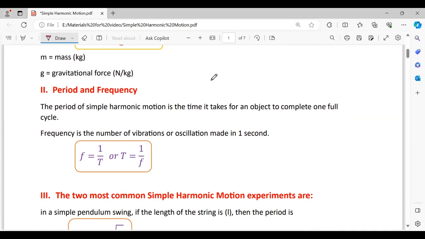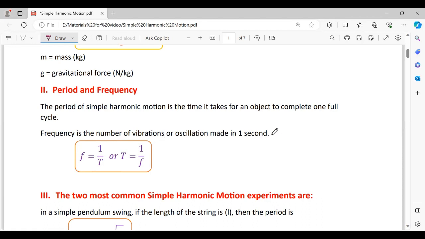Two, period and frequency. The period of a simple harmonic motion is the time it takes for an object to complete one full cycle. Frequency is the number of vibrations or oscillations made in 1 second.